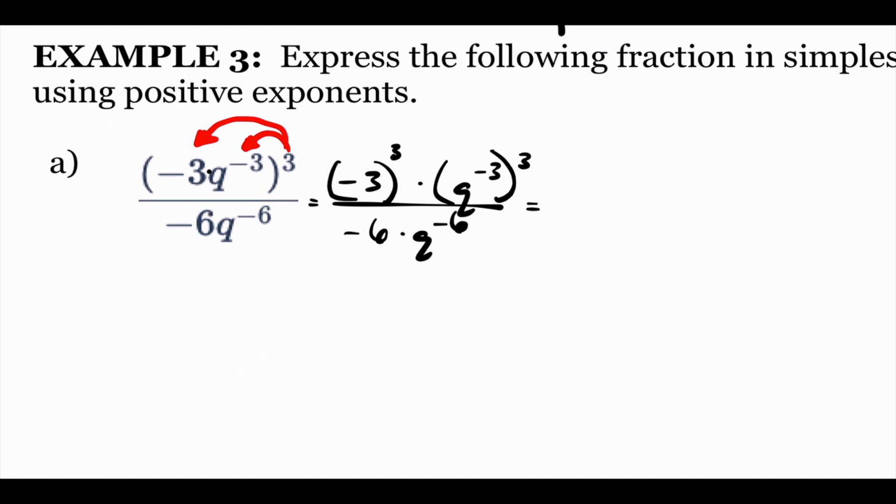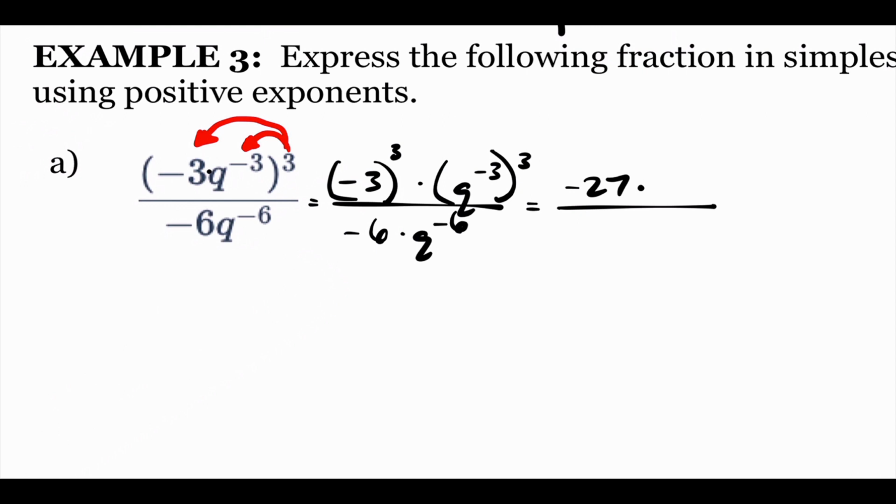Okay. So -3 to the third means -3 times -3 times -3, which is -27. Q to the -3 to the third power, what am I going to do with those two powers?